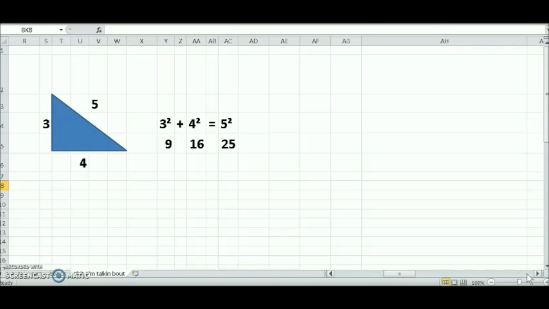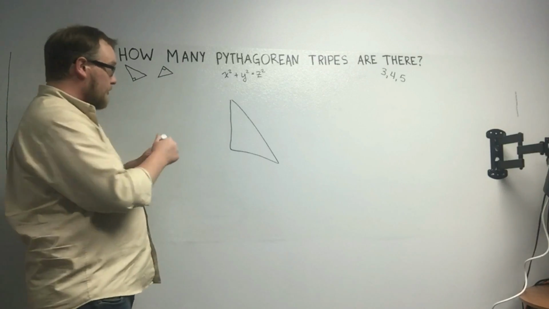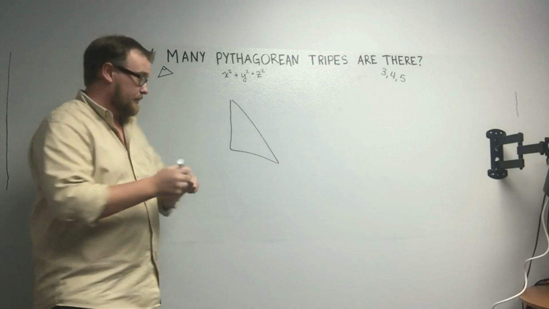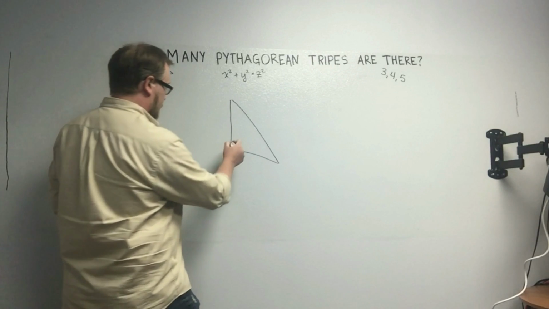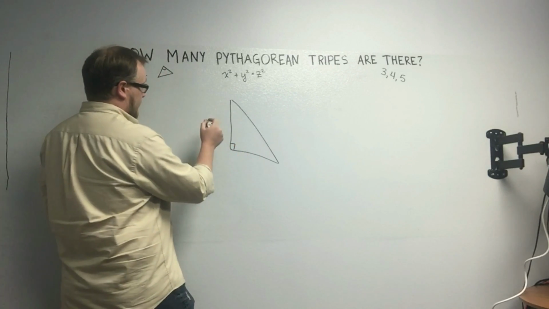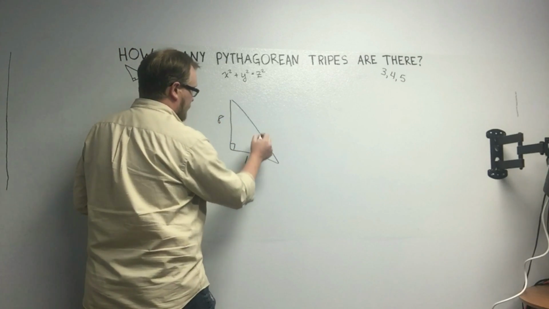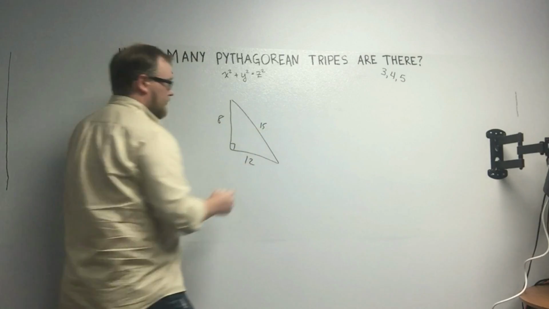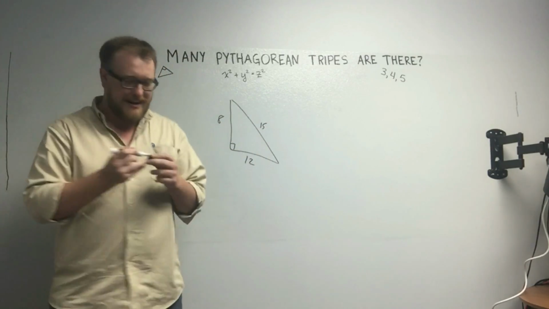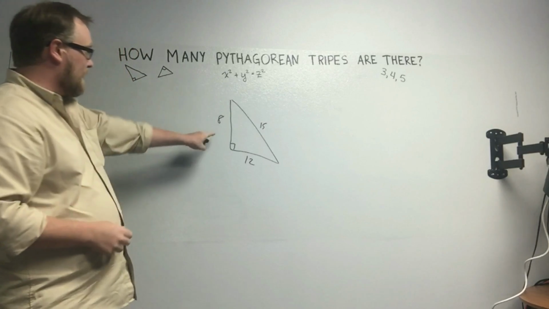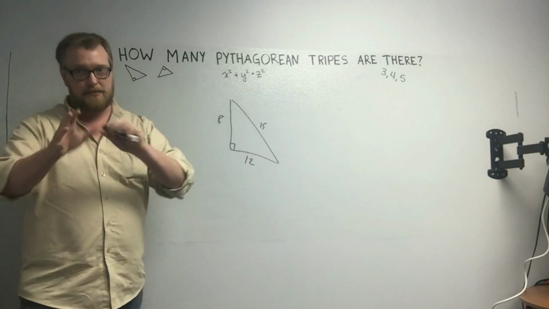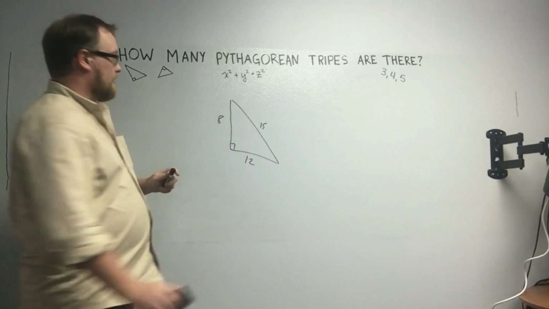That's by far the most famous Pythagorean triple, the one a lot of people use. But you could have other combinations. It wouldn't necessarily have to be 3, 4, 5. You could also have 8, 12, and 15. I'll pretend that's one. That could be one. I don't know.